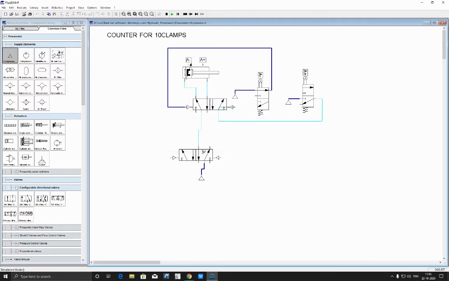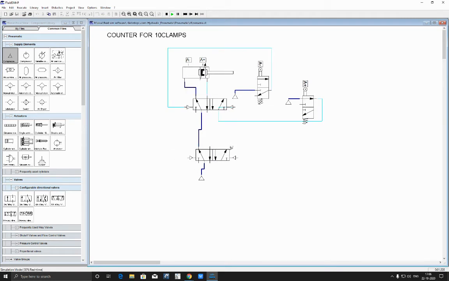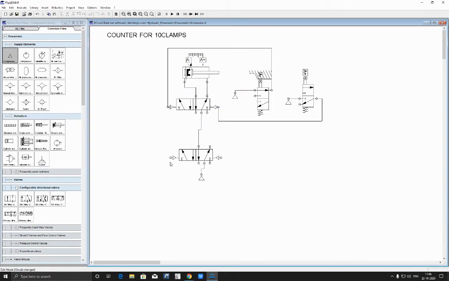When I activate at this position, the cylinder starts to move forward and backward. When I activate at this position, the cylinder stops. So by using these both pilots, we would be controlling this.